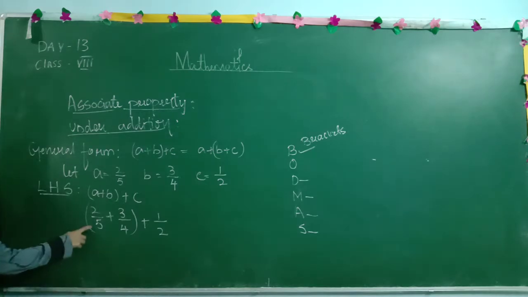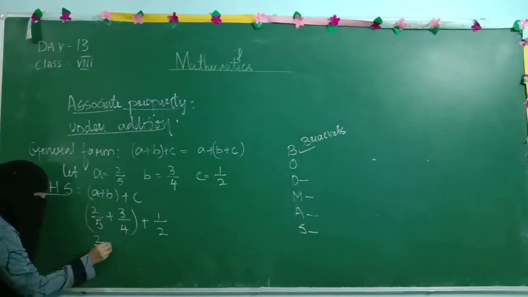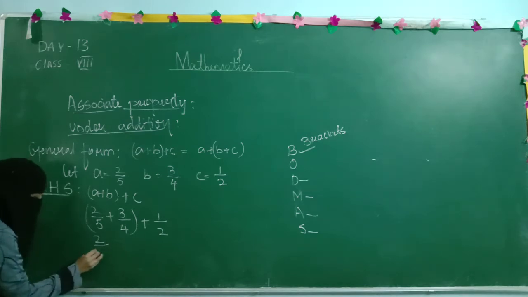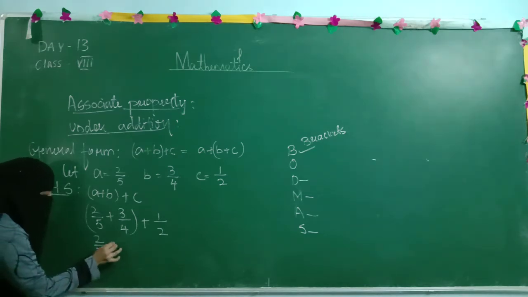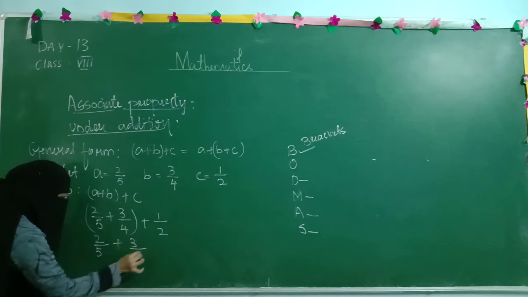So first, 2 by 5 plus 3 by 4. Can we add them directly? No, we cannot. We have already studied this in the basic class. These are rational numbers whose denominators are not the same. Whenever the denominators are not the same, we need to go for the LCM method. Here the denominators are 5 and 4, so we have to take the LCM of 5 and 4, or we can use the alternative method I told you about. Plus 3 by 4.